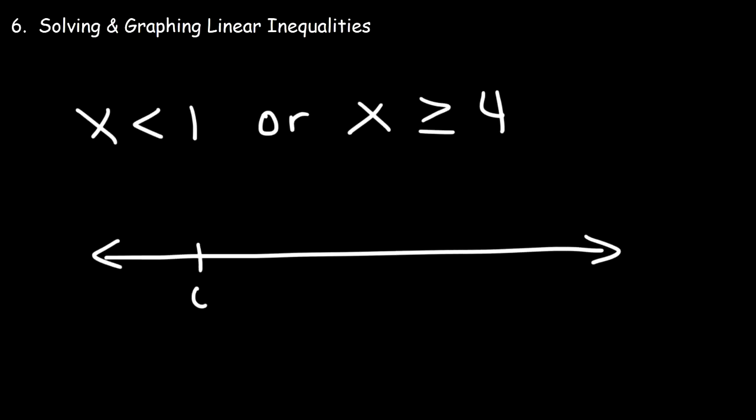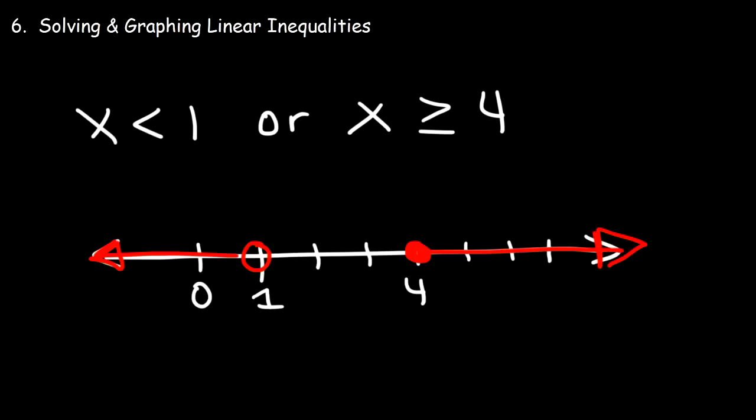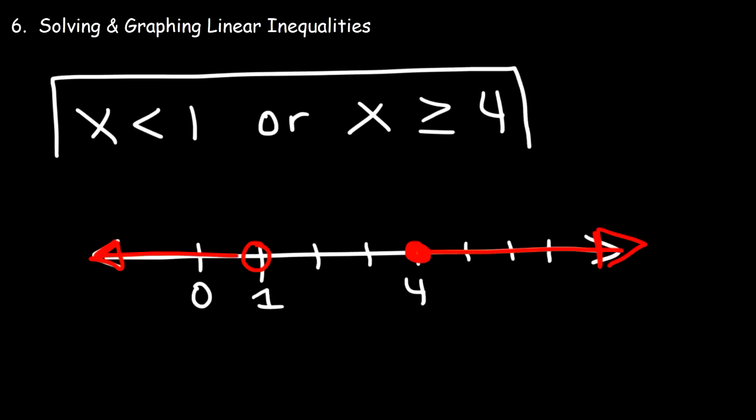Let's put 0 on this side. So x is less than 1. We're going to use an open circle. Or x is equal to or greater than 4. So we're going to shade to the right, starting with a closed circle. And so that's how we can graph these two inequalities on a number line.